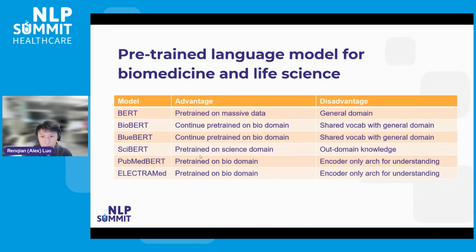These have advantages, but also some disadvantages. All these models are based on BERT, which is better for understanding tasks, where they take the sentence as the input and output embeddings of the words, and then do tasks like classification or predicting.